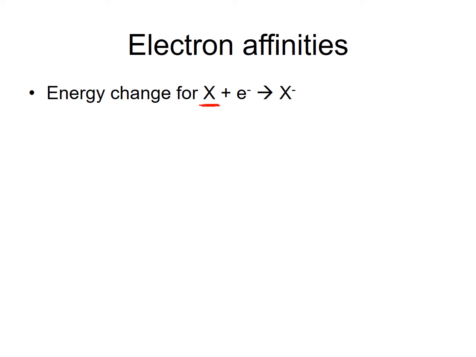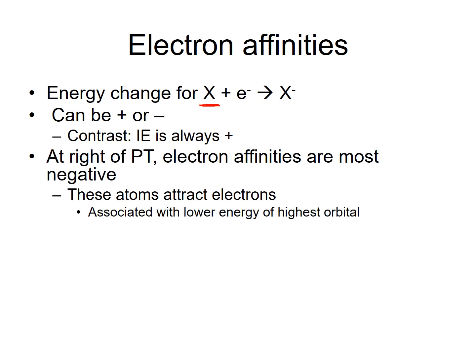Recall that all the ionization energies are positive. It always takes energy to remove an electron. However, electron affinity can be positive or negative. Adding an electron could be an exothermic process.